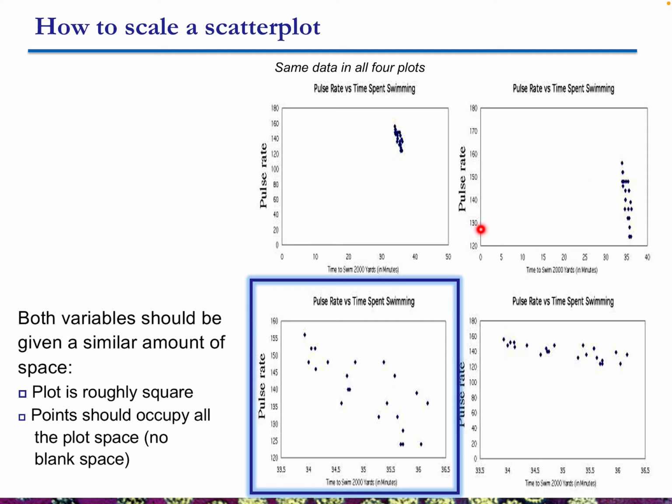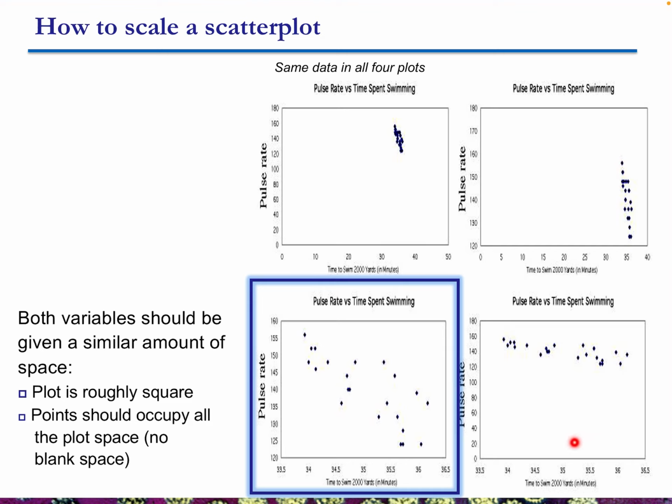Here, they've expanded the y-axis, or actually contracted it from 120 to 180 versus 0 to 180. So that makes this a better spread vertically, but the x-axis is still the same, so it all looks like it's vertical when really it's not.